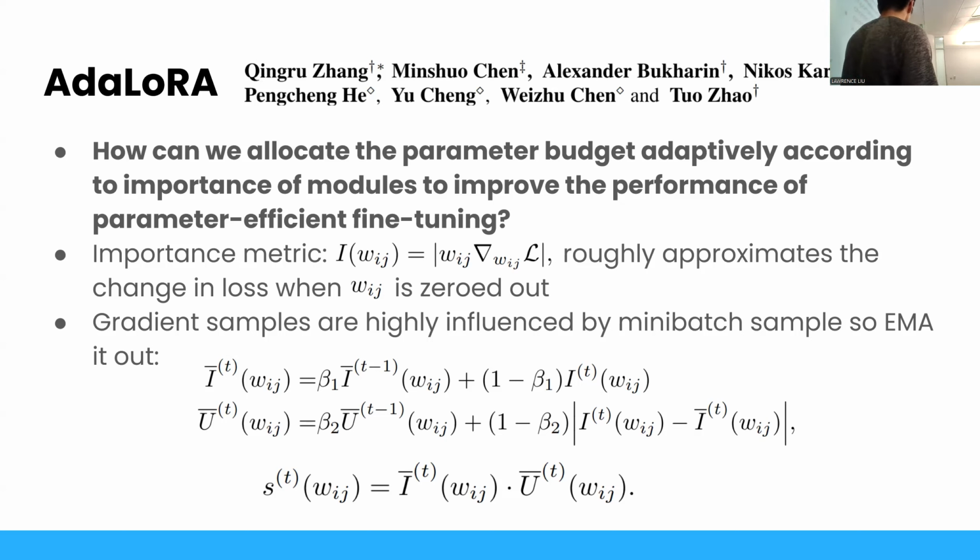Well, in the paper they claim it's the second moment. It's not really the second moment, but in essence they have two moving averages of this importance metric, and they multiply these, which adds stability because now with the moving average we're less dependent on the actual mini batches. Okay, so then how can we use this to adaptively allocate the rank of the matrix?